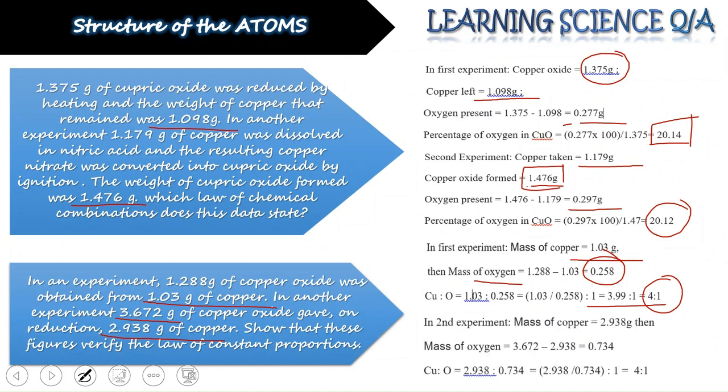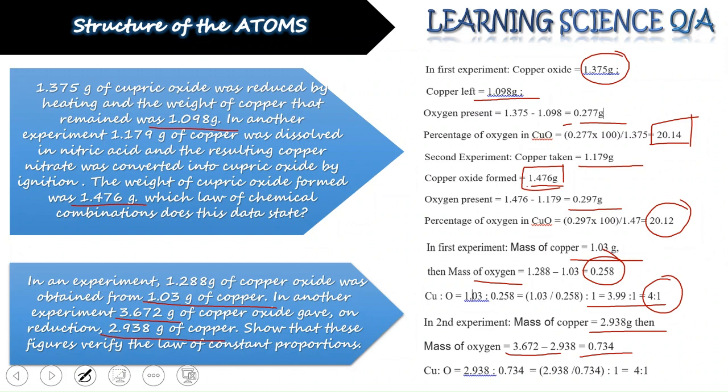Now in the second experiment, the mass of copper is given as 2.938 gram and the mass of oxygen we have calculated by subtracting it from the total mass of the copper oxide, which is given as 3.672, which comes as 0.734.